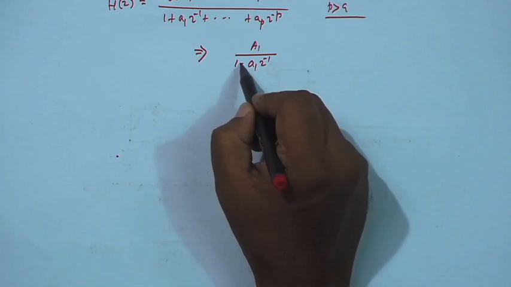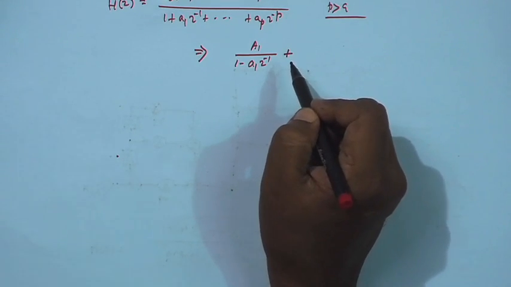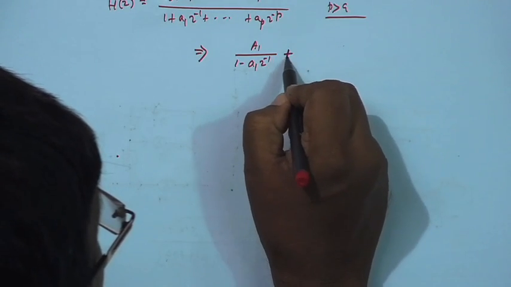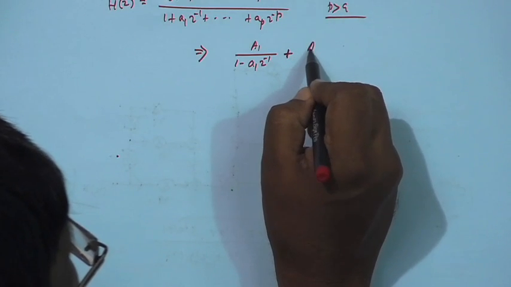I am assuming first order pole here, and then you will have maybe another term.